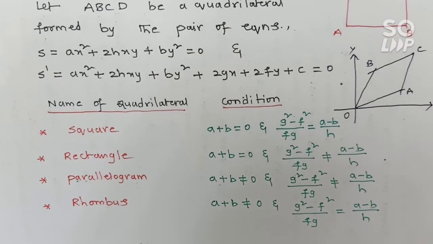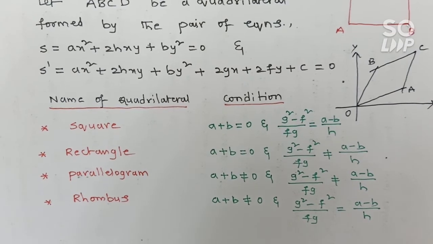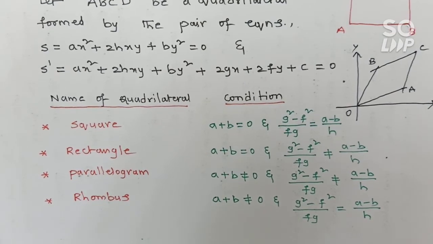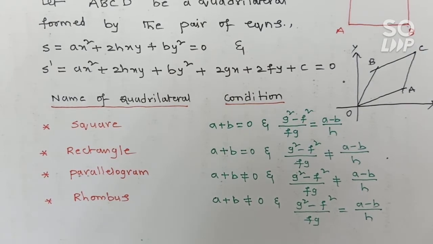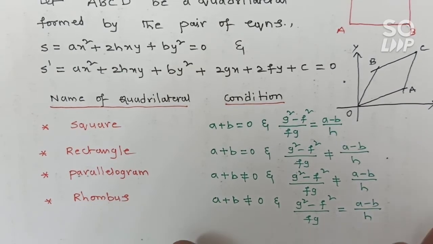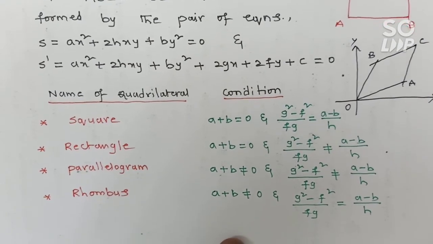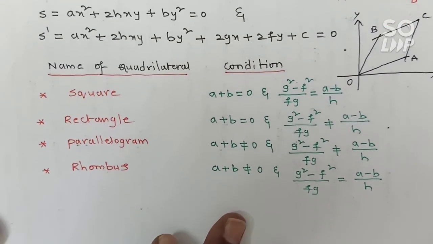These are the conditions to decide what type of quadrilateral the given second degree equations form, right? But these are the traditional conditions; we also have a shortcut formula, which we will see at the same time.